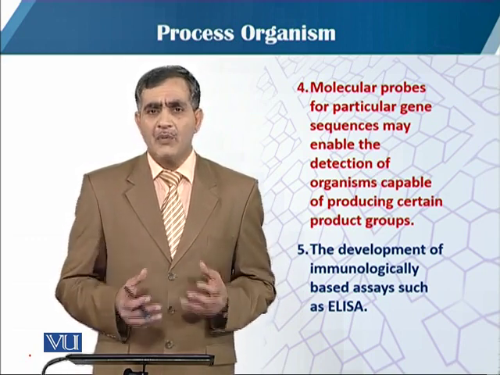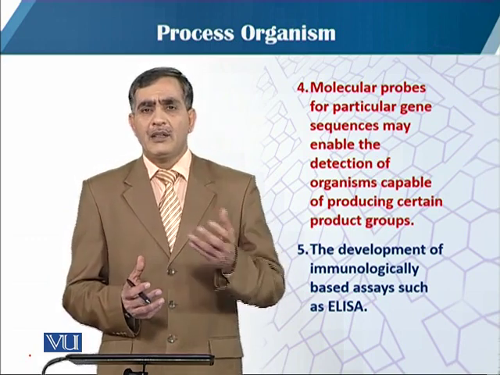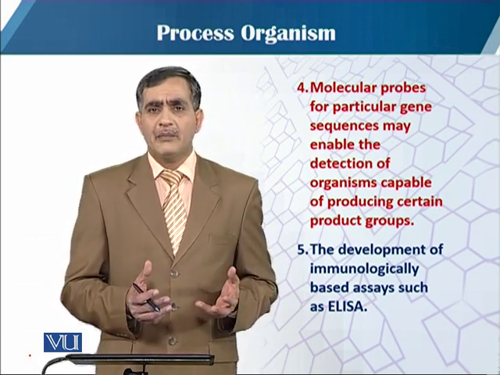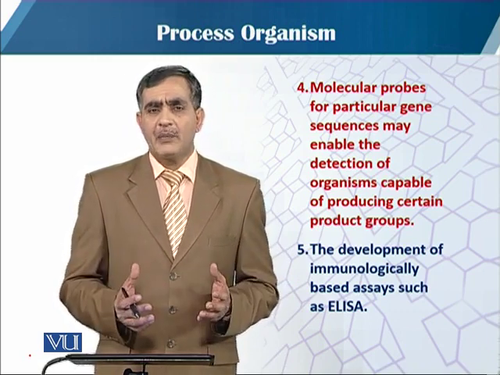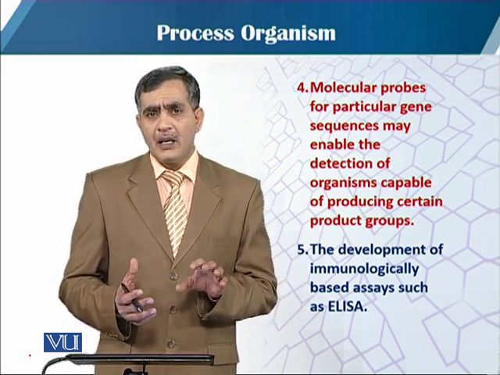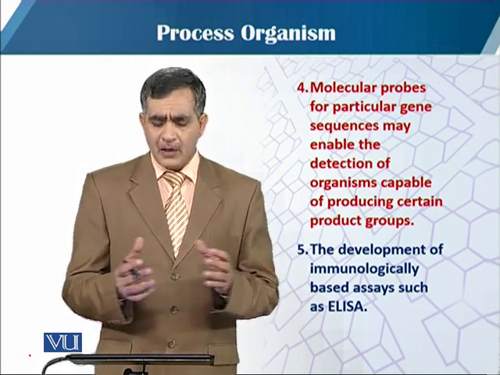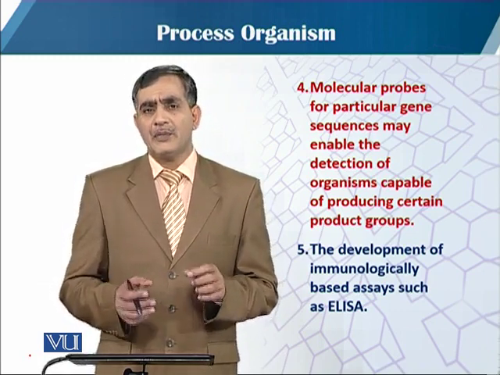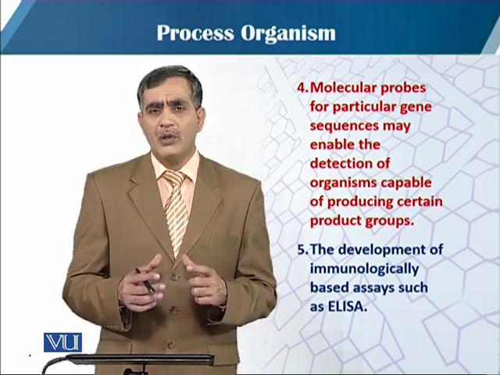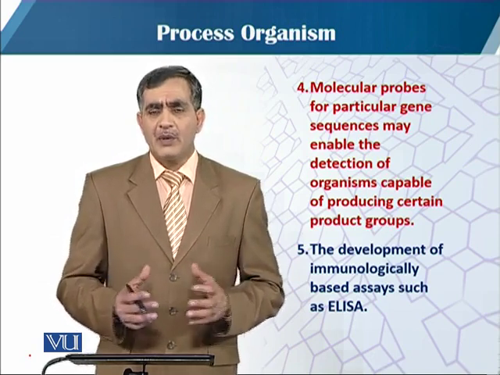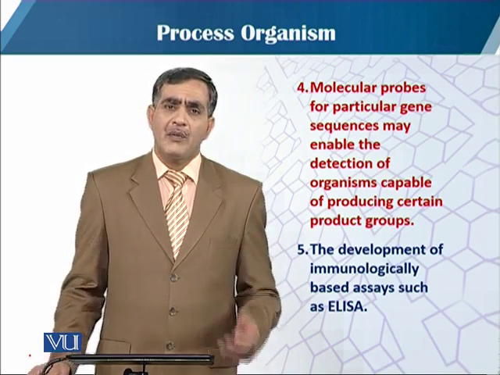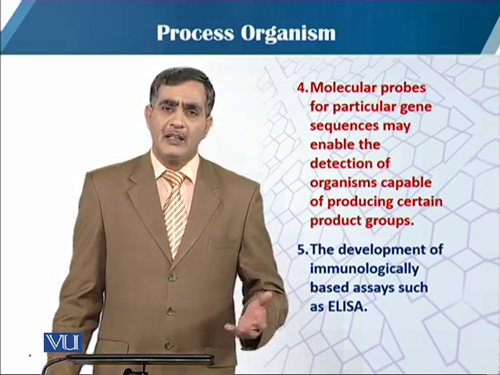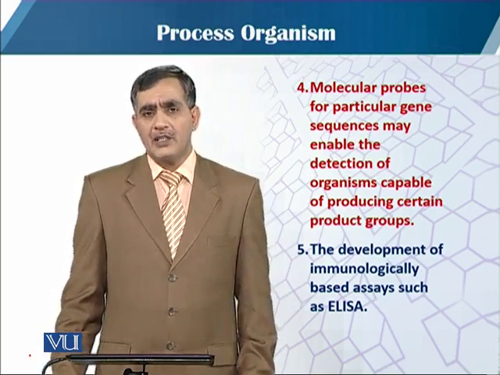In the same case, if we want to isolate starch hydrolyzing bacteria, we can make the agar plate medium enriched with starch, and then we can select the organism just by having the halo zone around the colonies. In this way, there are a number of techniques which we can employ for the screening of any isolates for industrial purposes.